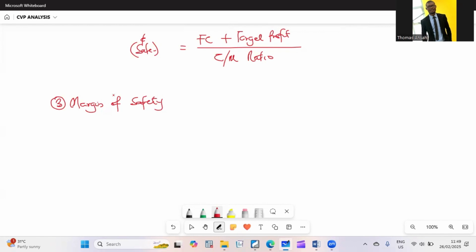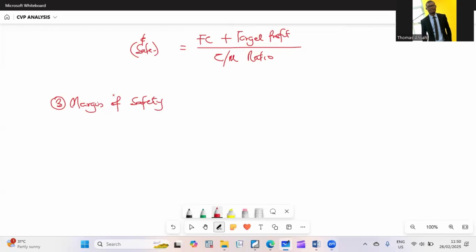Margin of safety is a financial ratio used to measure the difference between the company's sales revenue and its break-even point. It's about the risk level of the sales plan. All right. So how much should you sell so that you will not be making losses?